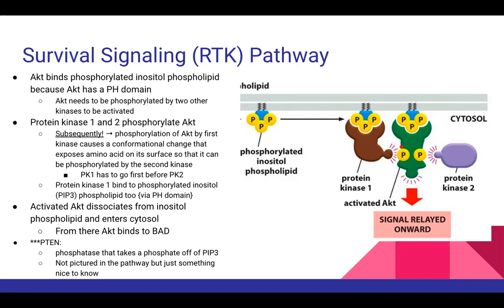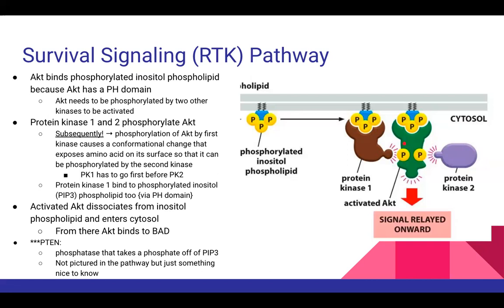Once it's phosphorylated at this site, it causes a conformational shift, or shape change, in AKT, which exposes the amino acids on its surface so that the other protein kinase, protein kinase 2, is able to find the binding site and bind to AKT at the second site.